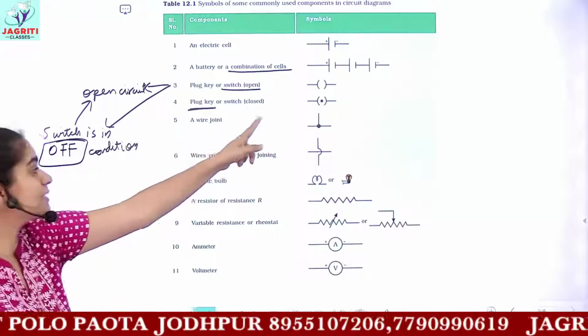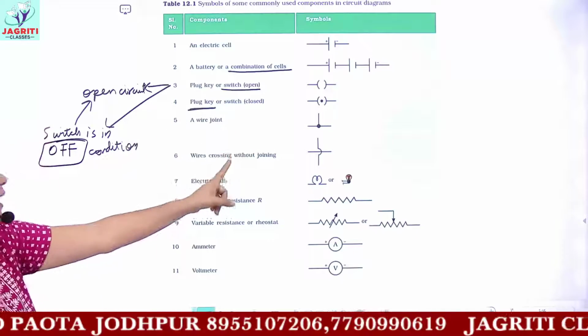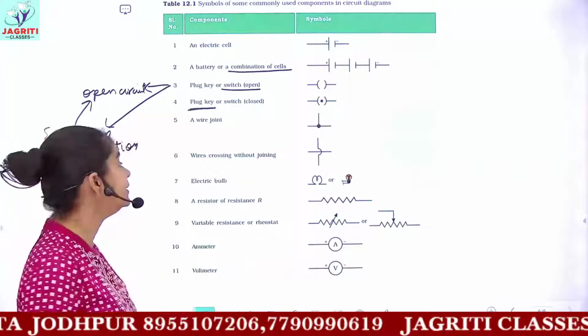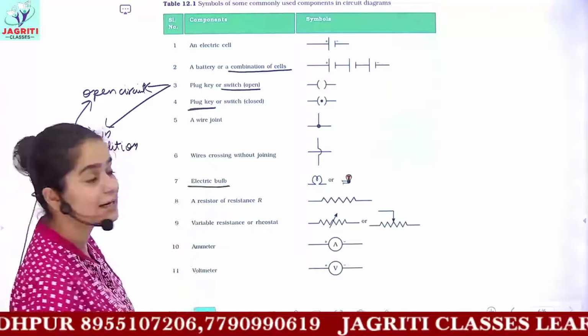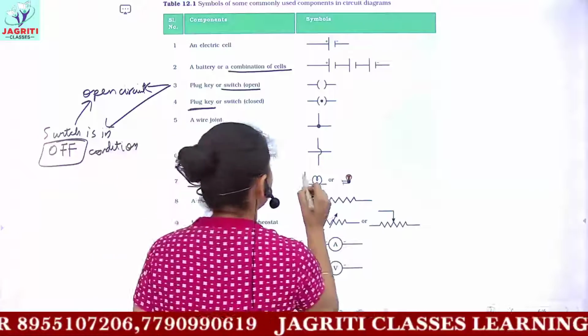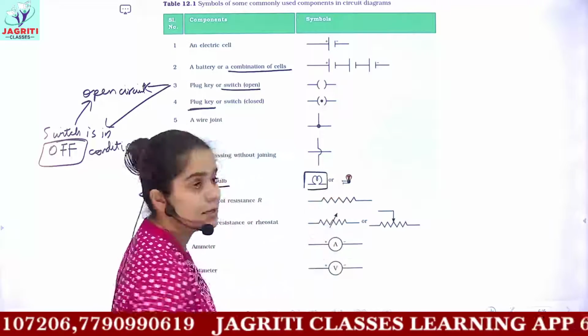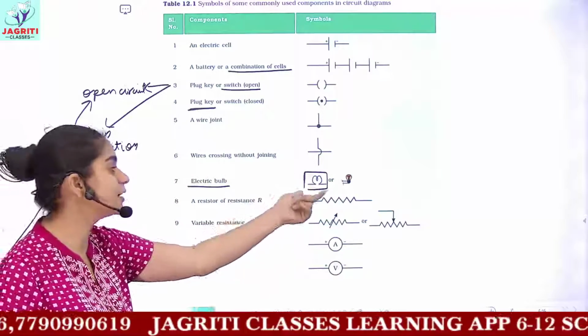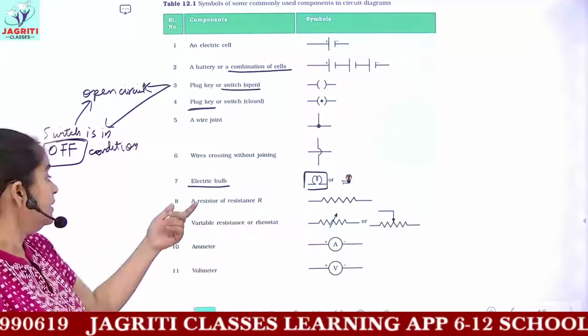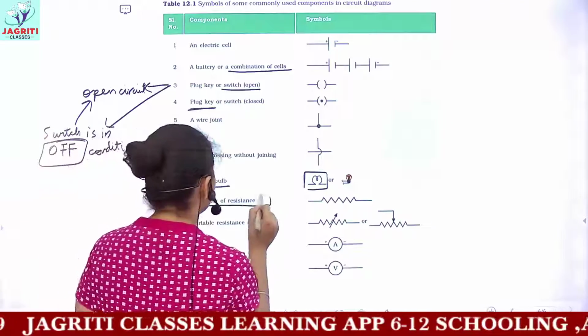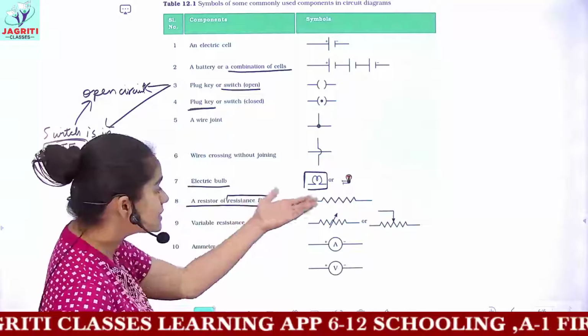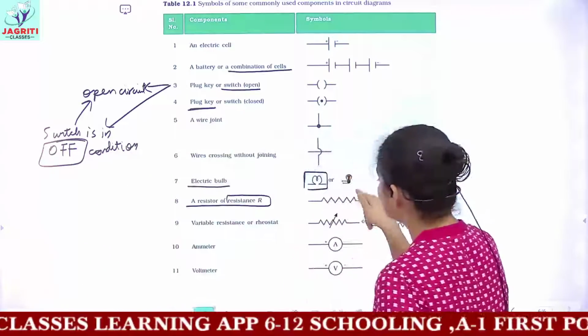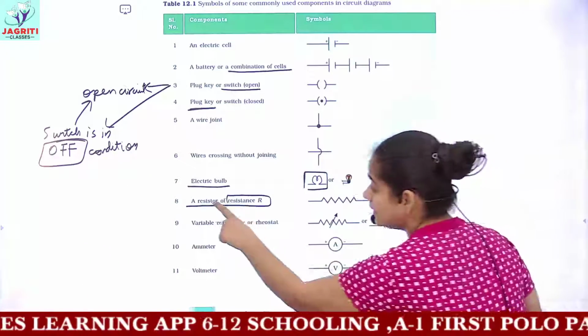Then you have the symbol for wire join, then you have wires crossing without joining, then you have the symbol for electric bulb. Okay, so the more commonly used symbol is this. For drawing an electric bulb in the circuit, you draw this kind of symbol. Then you have a resistor of resistance R. So this device which is shown by zigzag line, it is called the resistor.